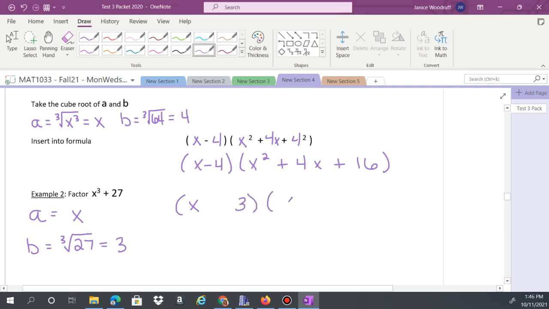A squared, so x squared. Then ab, so x times 3, 3x. Then b squared, 3 squared is 9. And then same sign, so plus, opposite sign, always positive. So x plus 3, x squared minus 3x plus 9. If you want to check it, you can multiply it out.